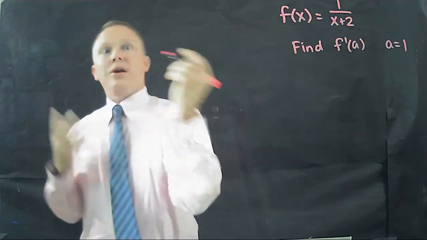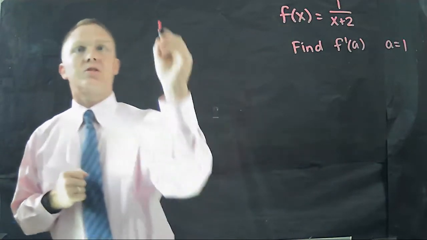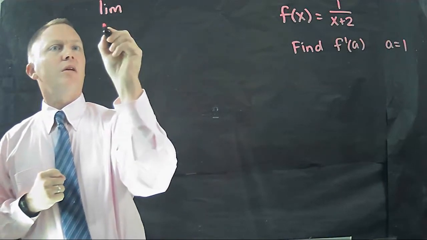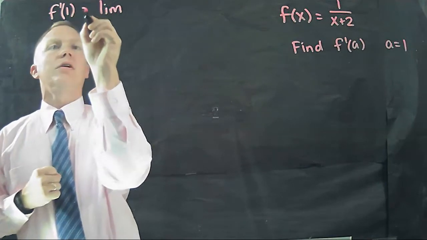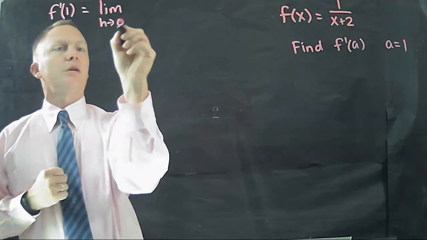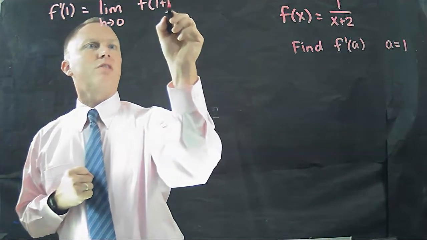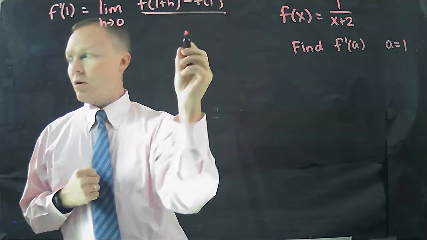So here we go. We're going to use this other technique, which the book calls equation 3.6. So I'm going to start up here, and I'm going to say f prime of 1 is going to equal the limit as h goes to 0 of f of 1 plus h minus f of 1 over h.